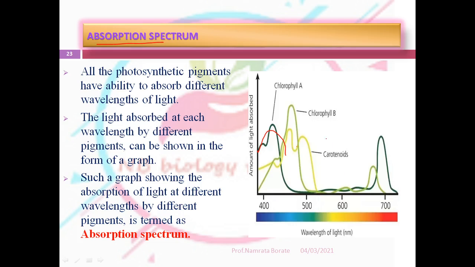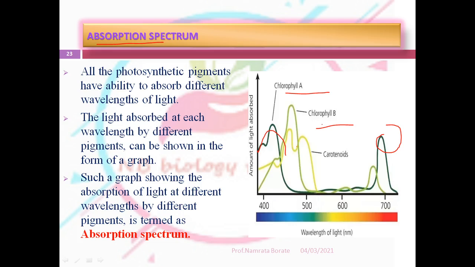The absorption spectrum of chlorophyll A and chlorophyll B is clearly shown in this graph. They show more light is absorbed at the blue, violet and the red wavelengths of the visible spectrum. It explains the relationship between the absorption spectrum of chlorophyll A and chlorophyll B.